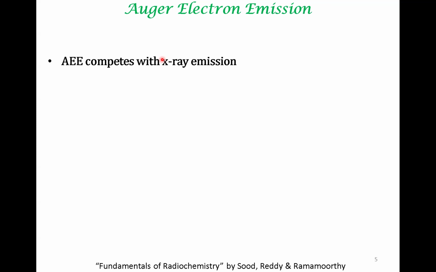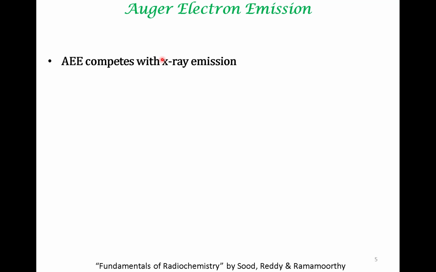That was the way it was first documented experimentally. Whenever you have one such vacancy, an electron from the outer shell will fill in this vacancy, fill in that hole, which would give rise to an energy transfer. This energy transfer might in turn give rise to some other electron emission.